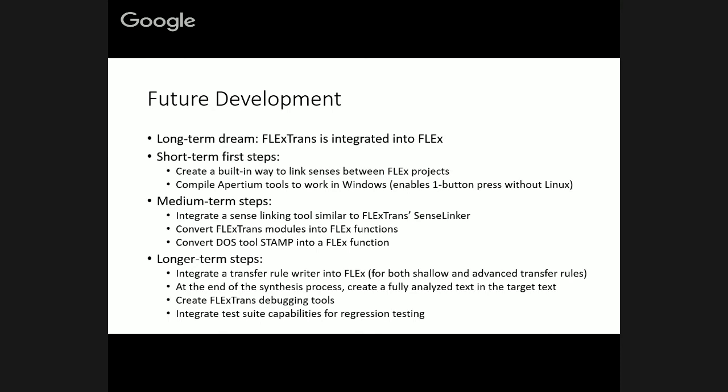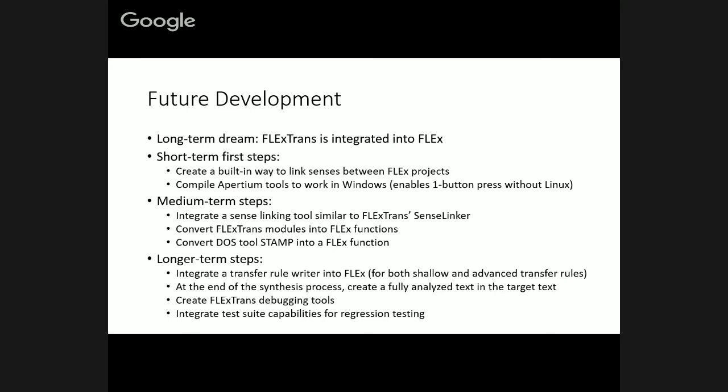In the medium term, integrating something like this linker tool would be great to have in Flex. And then to subsume STAMP and some of its functions into Flex so that you can deal directly with this Flex lexicon and not have to deal with external SFM files.